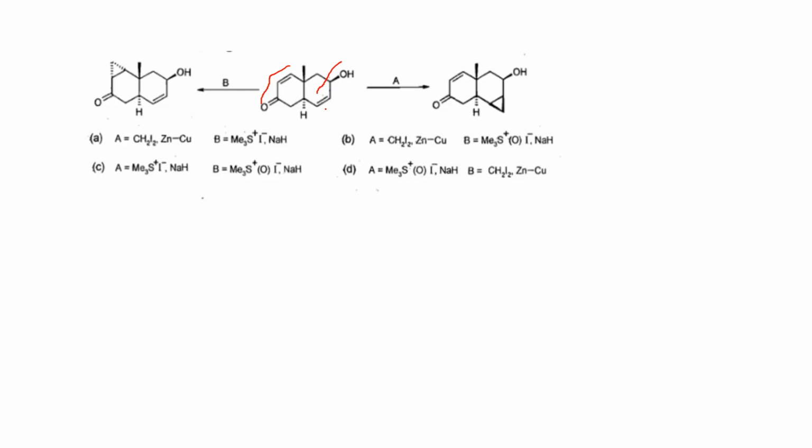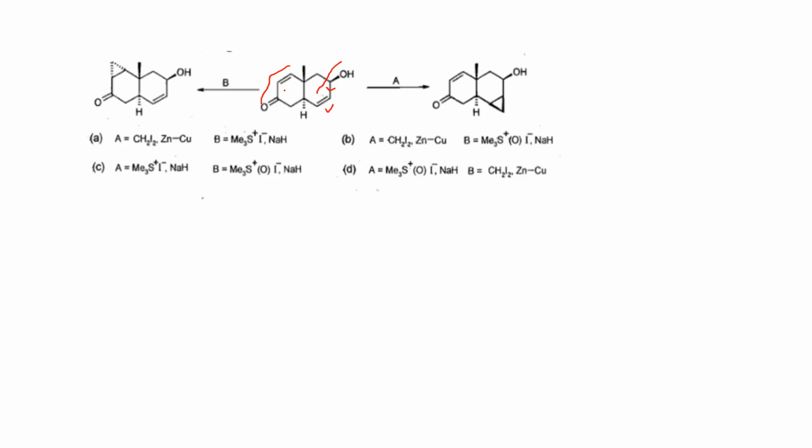Obviously this one. Among these 2, which one is the more electron rich double bond? This one, because it is conjugated with the OH group. It is an allylic alcohol, and there is a plus I effect from this OH group, so because of that it is electron rich. Whereas this is electron deficient, because the conjugation with this carbonyl makes this double bond electron deficient.